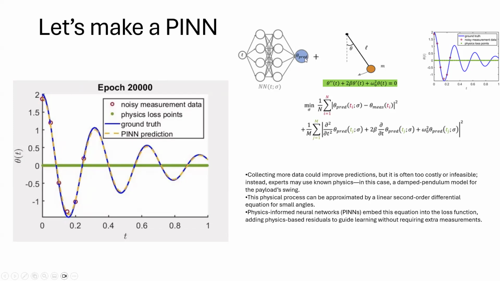Whatever output the neural network gives, we can differentiate it, get the loss function through the physics-informed part, and check if the loss is high or low. Using that, we can train. So even if you don't have enough data, we can add pseudo data to see if it satisfies the equation, and then train it step by step.